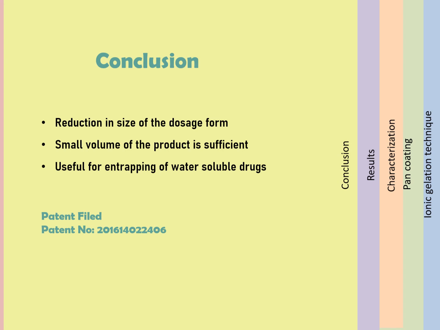For example, in case of capsule size, the volume occupied by the ionic gelation product is relatively high compared with the pan coating product, because with good entrapment efficiency a small volume of the product is sufficient. This technique was found to be worthwhile for entrapment of water soluble drugs.